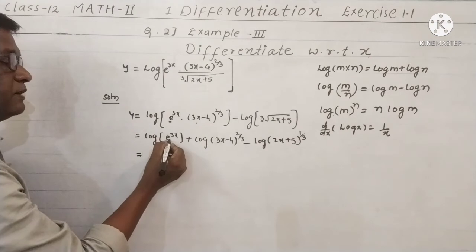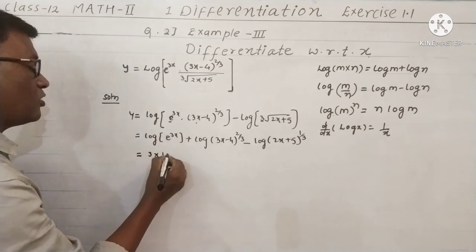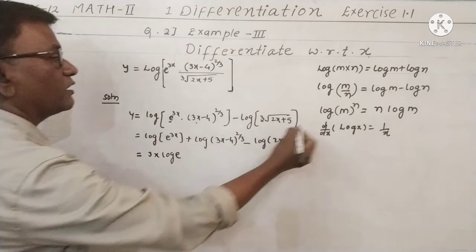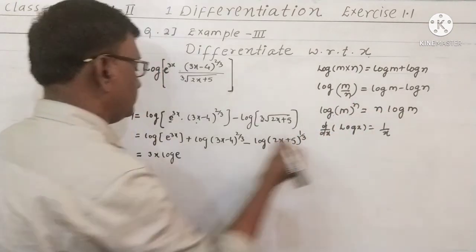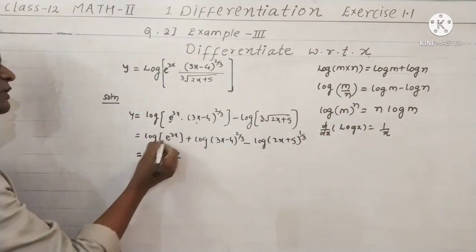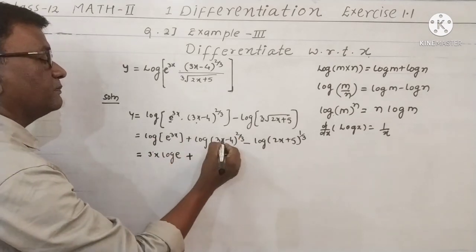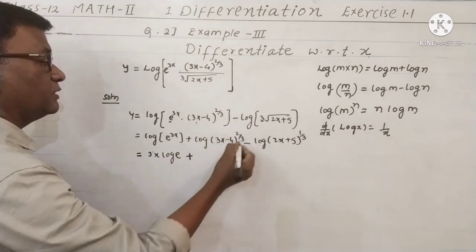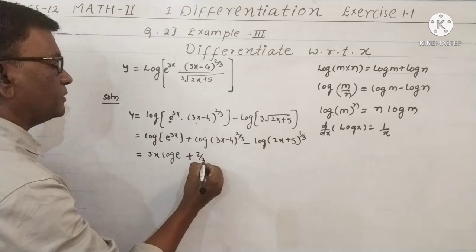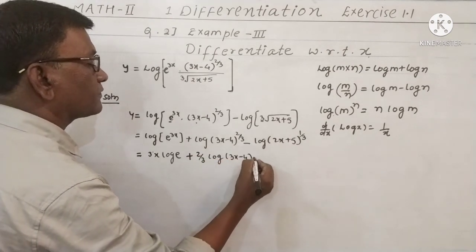It is in the form of m, this is n, so we can write as 3x log of e by this formula. Log m raised to n is n log m. This is m, this is n, so we can write as 3x log of e. So here is m, this is n, so n log m, n is 2 by 3, right, here 2 by 3 log of (3x minus 4).